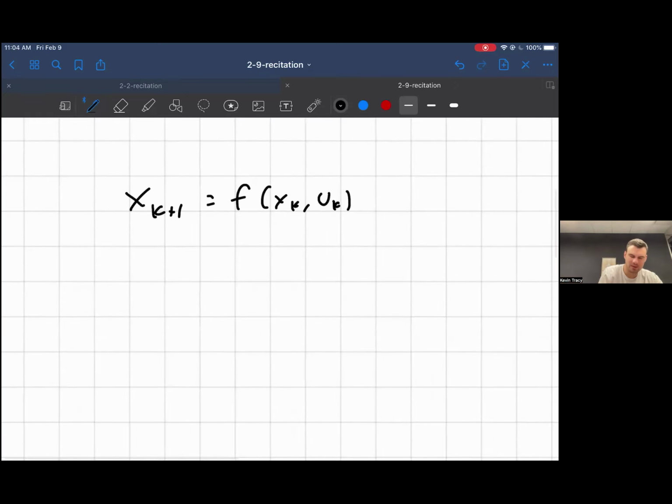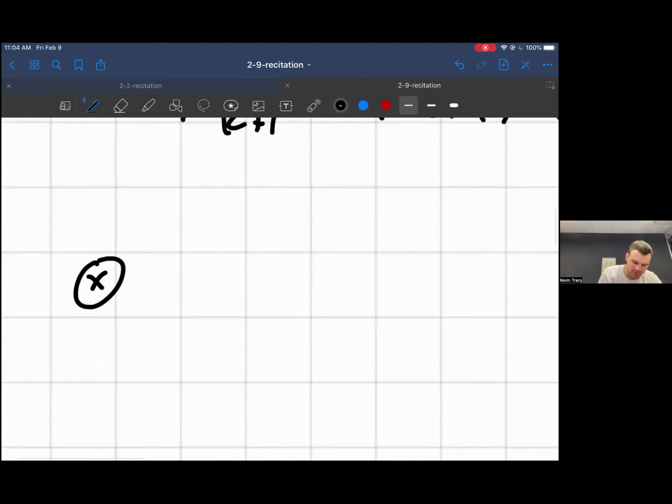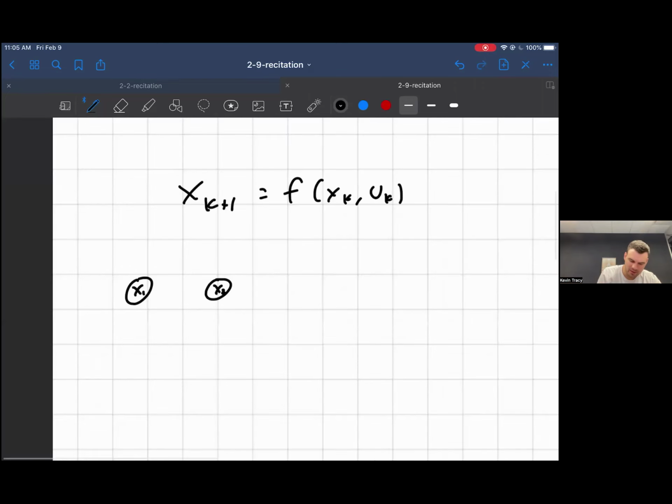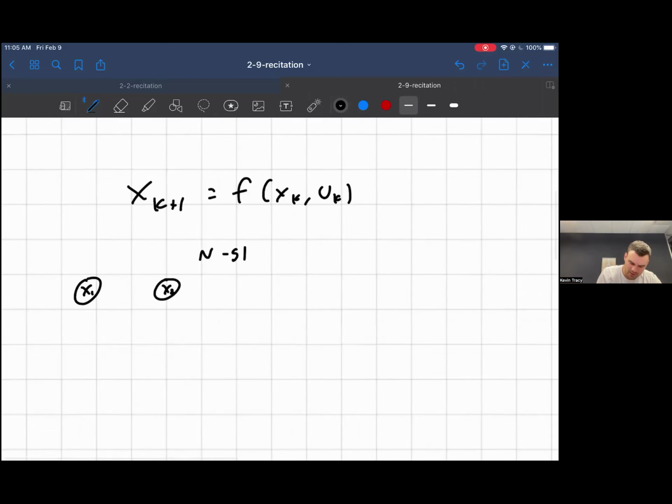And so what this means is that if I have a trajectory, I'm going to draw it out in a very Markovian way. For those of you that have seen stuff like this, it should be familiar. So imagine I have a trajectory, an n step. You can think about it like this.